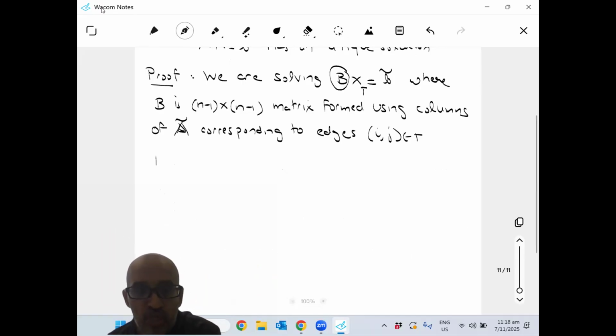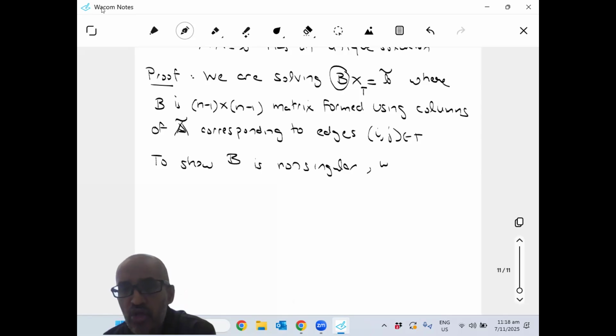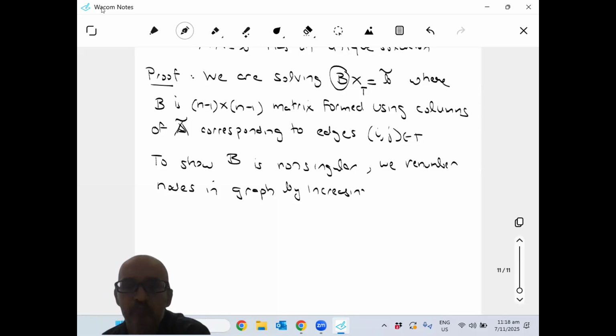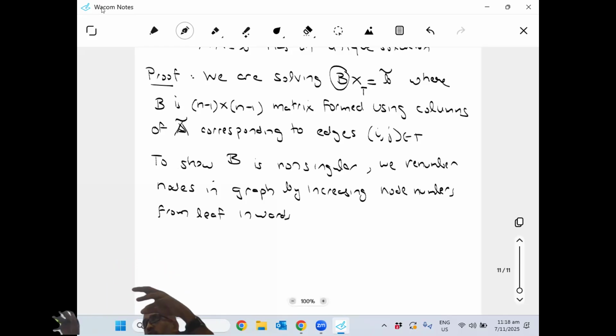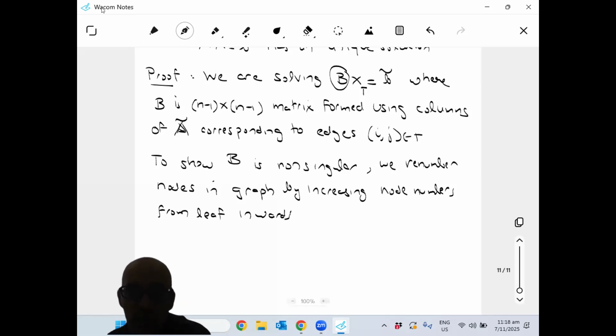To show B is non-singular, we renumber the nodes in the graph by increasing node numbers from the leaf inwards. So leaf nodes will have small numbers and we keep increasing the node numbers up. So we are basically reordering the columns and the rows from the leaf inwards.